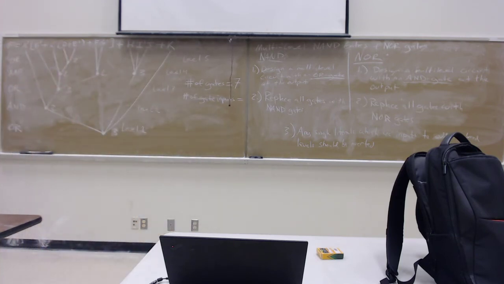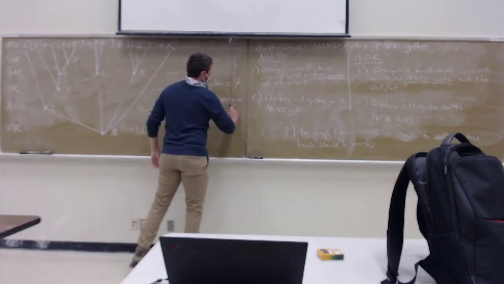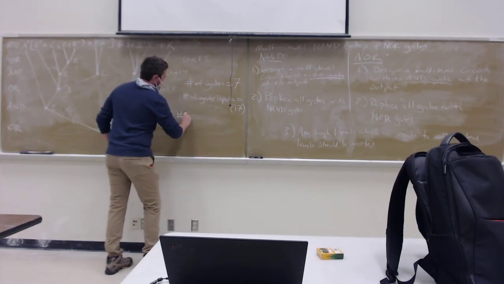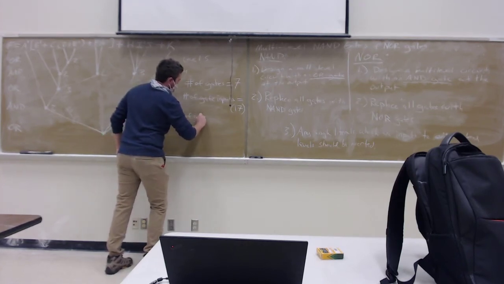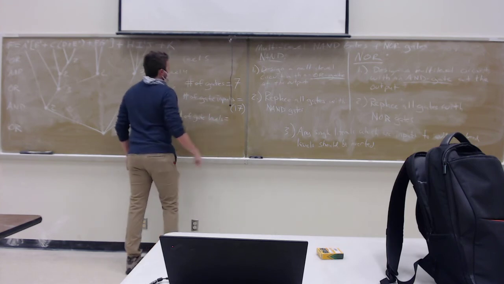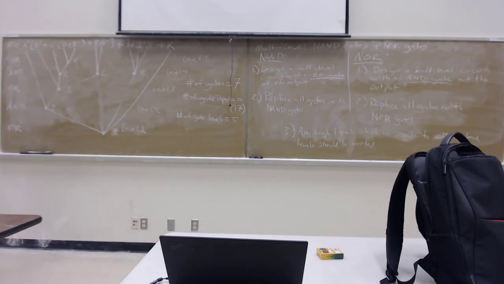How many we got now? 17. Good. And finally, number of levels, or gate levels, is 5. Good stuff. All right. So that's how we broke down our analysis here.